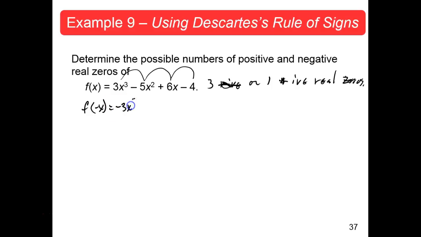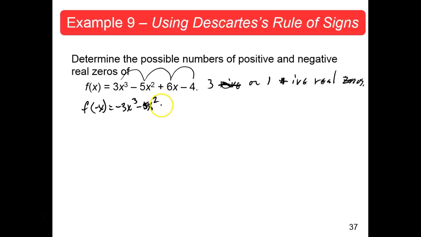Negative 3x cubed minus 5x squared. Why? Because when you square a minus x, you get a positive x squared, so that doesn't change sign. Here's a hint, folks. If you've got an odd exponent, you change the sign. If you have an even exponent, keep the sign the same. Because negative times negative times negative changes the sign. Negative times negative puts it at a positive. Okay. So that's a minus.